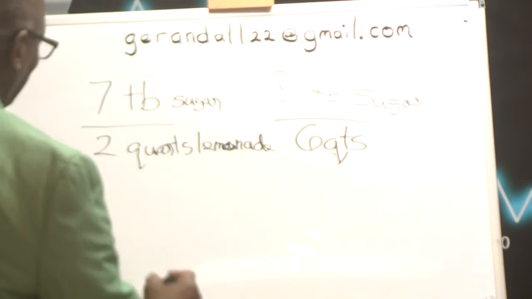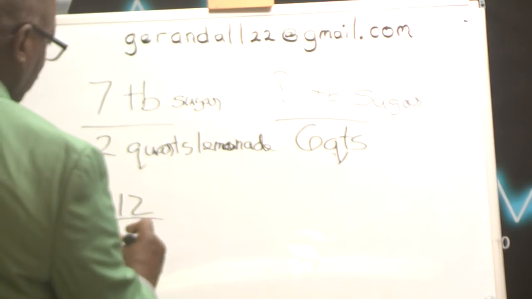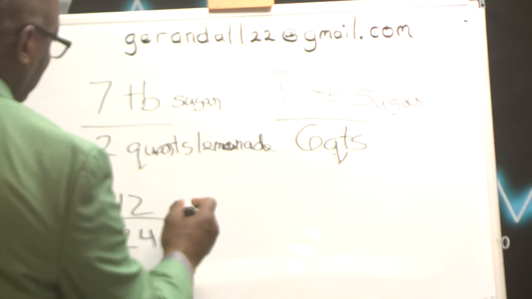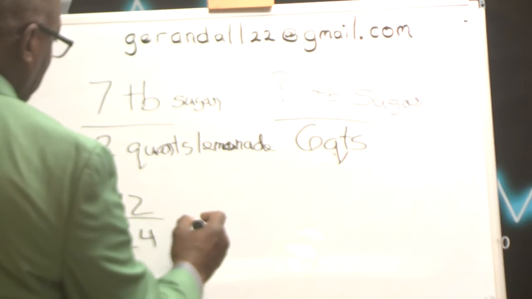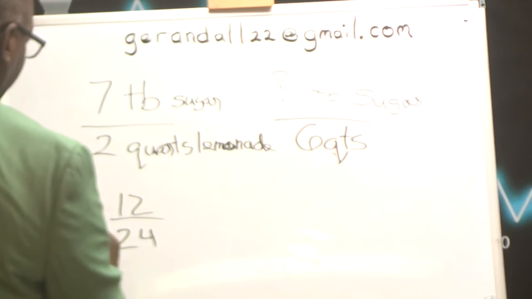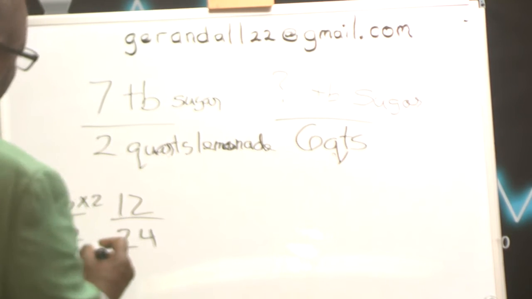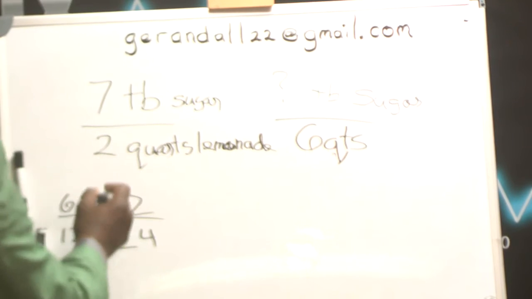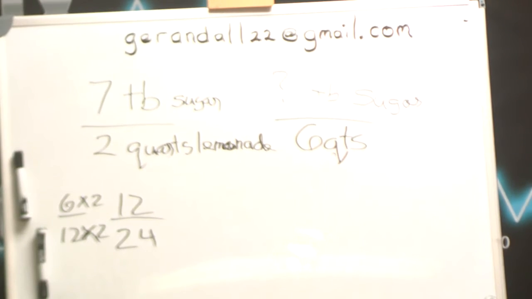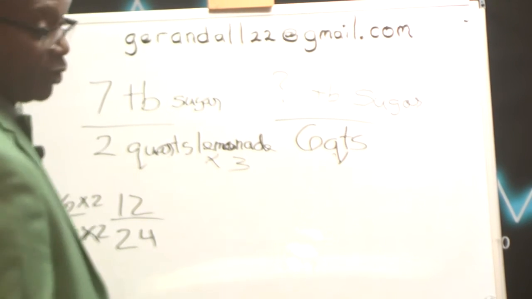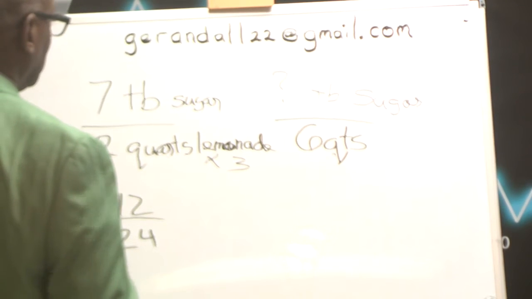Now, just like we did here, when we had 12 girls to 24 boys, and I took a factor. In this case, I multiplied by 2 to get 12. Here, what did I multiply 2 by to get 6? 3. So whatever we do to the denominator, we must do to the numerator.